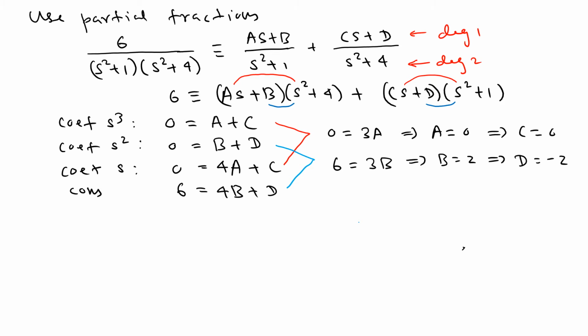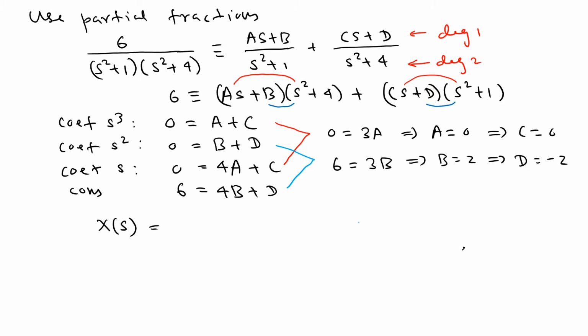So that's it. Now what we can do is substitute that into the formula. Once you substitute that, you can see that a is gone, c is gone, only b and d remain. So that means your partial fraction decomposition of the original one is going to be X(s) equals.